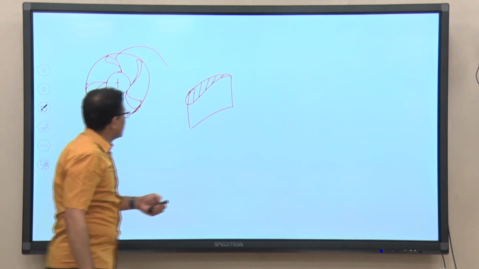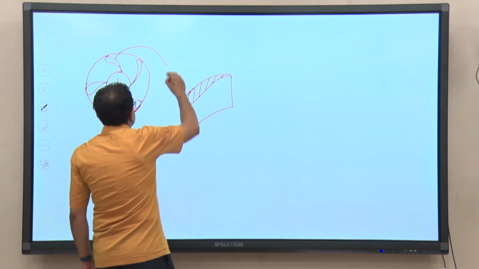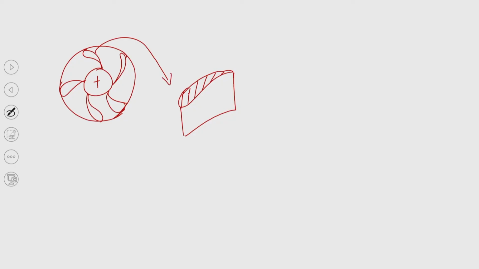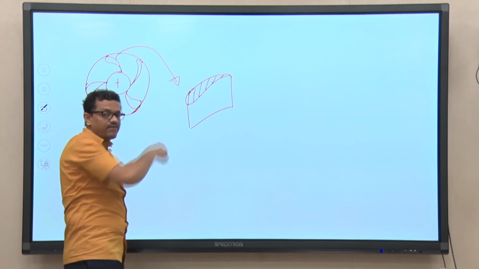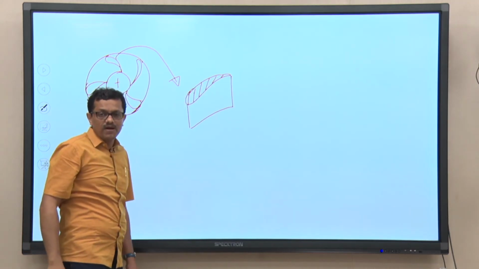For a simple analysis, all blades in a radial flow pump are basically isolated airfoil type.